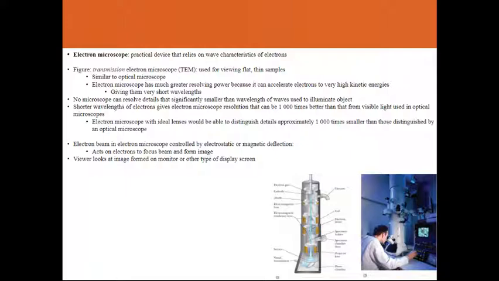And electrons, as de Broglie stated, also have a wavelength. Electrons typically have a much shorter wavelength than visible light. So that means that if you can use electrons to view things, they will offer a better resolution than visible light.